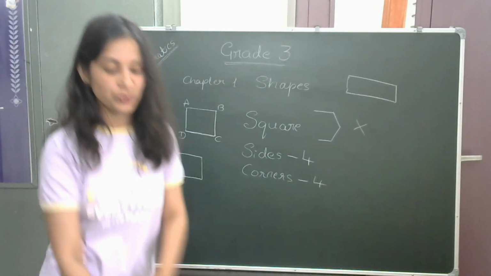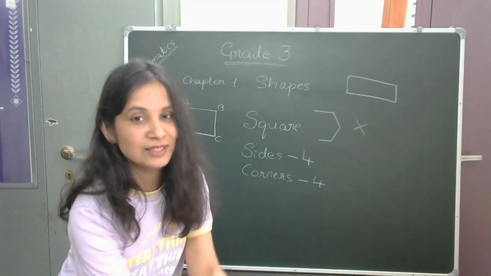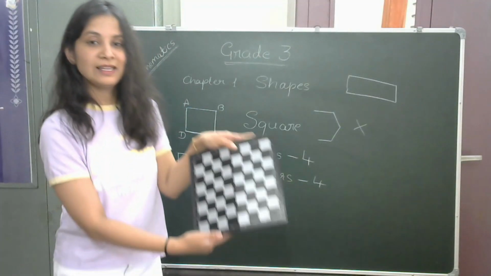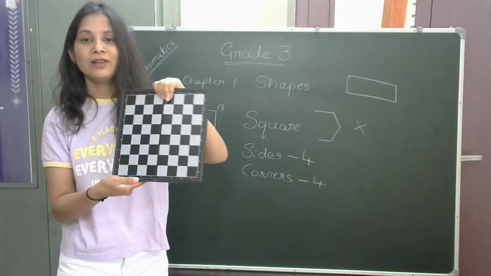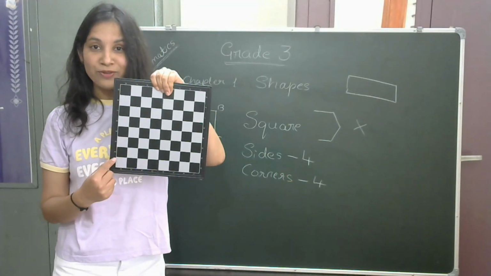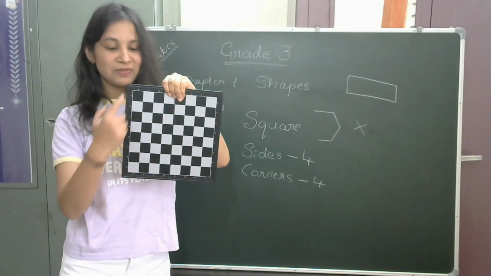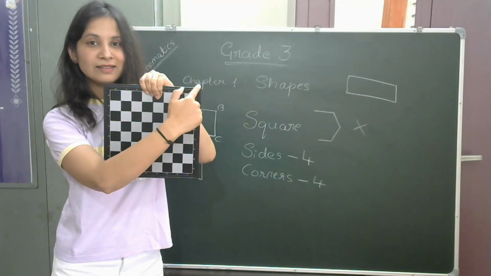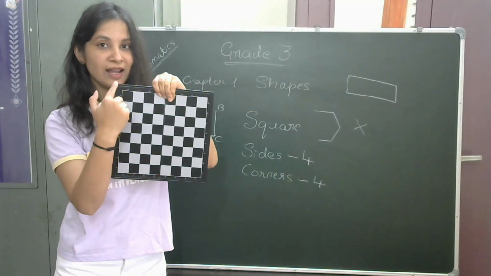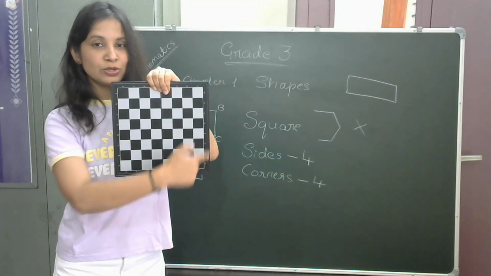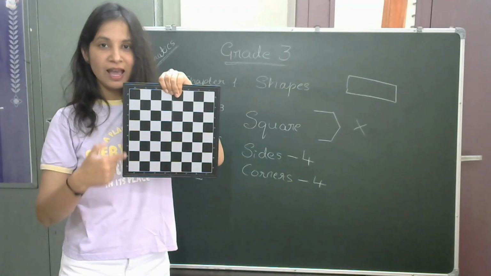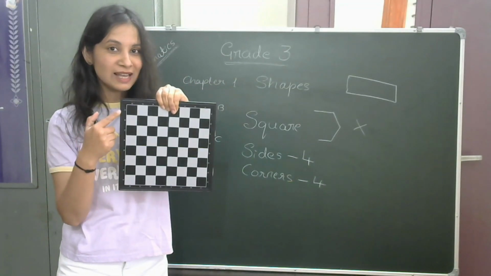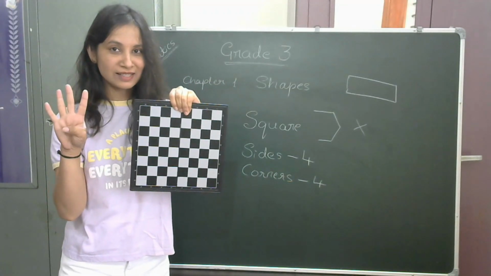I can show you a chess board. See, I have a chess board which is of square shape, right? I am just counting the sides. 1, 2, 3 and 4. How many sides, children? 4 sides.